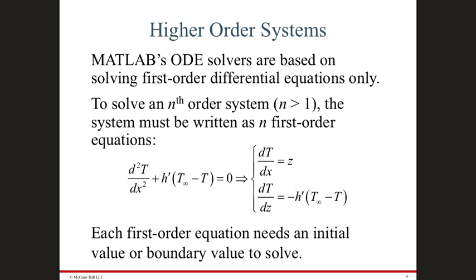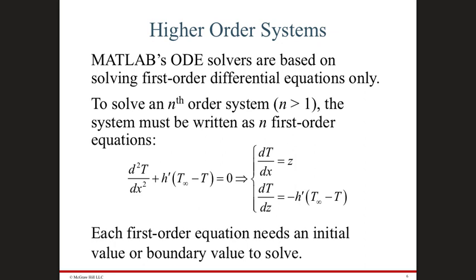So now you have two equations. One relates T to z: the first derivative of T is equal to another dependent variable z, and this is a first order differential equation.